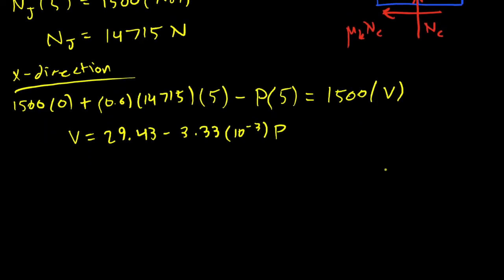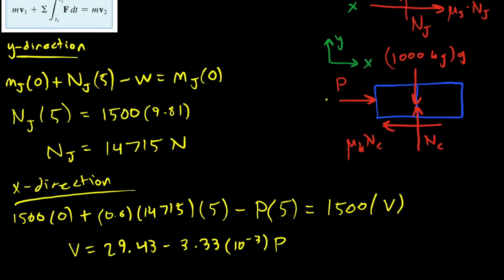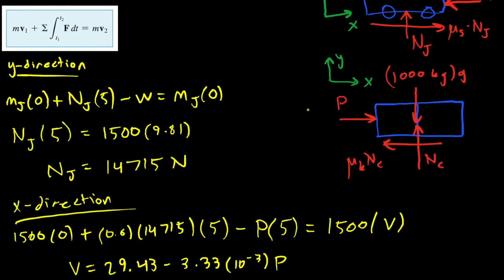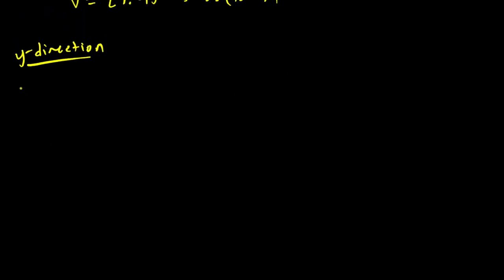So now we're beginning the crate with the y direction. Our mass is 1,000 kilograms, and our initial velocity in the y direction is 0, as well as our final velocity. So we can say 1,000 times 0 plus something is going to be 1,000 times 0.